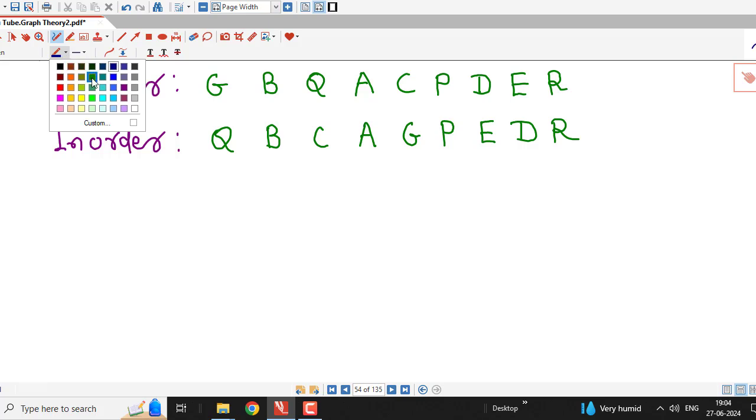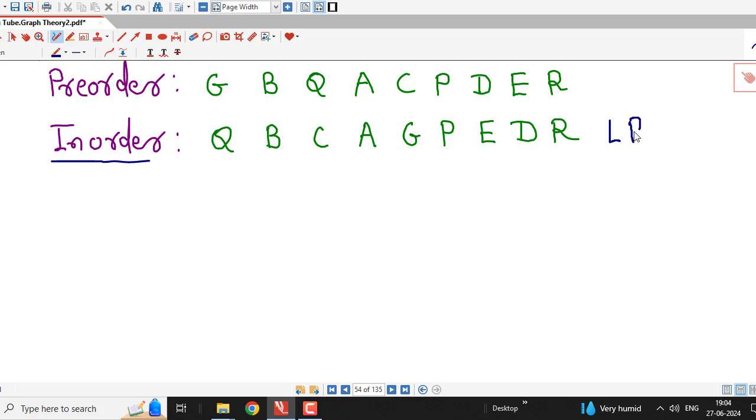Now we know that in in-order traversal the root is in the middle, that is left, root and right, and in pre-order the root is at the beginning, then we consider the left subtree and right subtree.